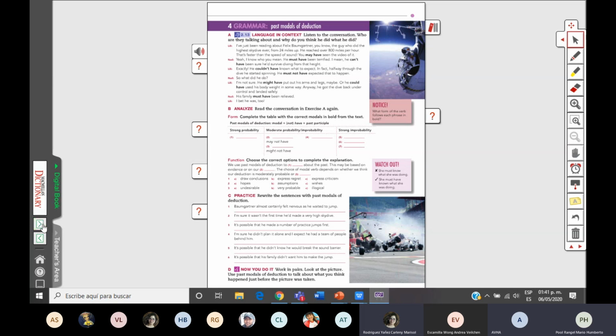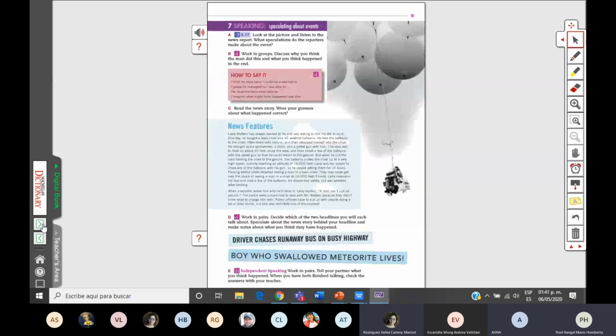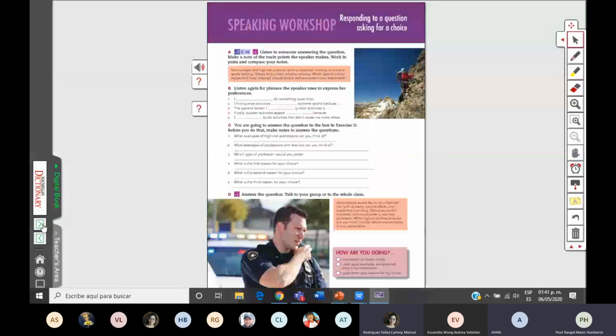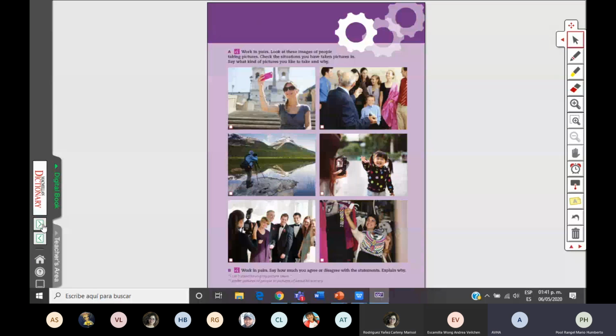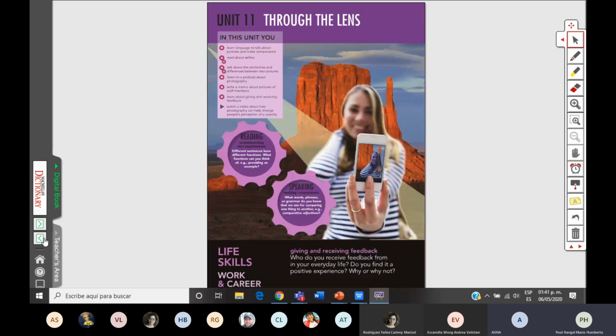Ok. Bueno, entonces vamos a venir acá. Look, the context of the next unit, and I'm going to tell you right now, the context of the next unit talks about like taking pictures and stuff.